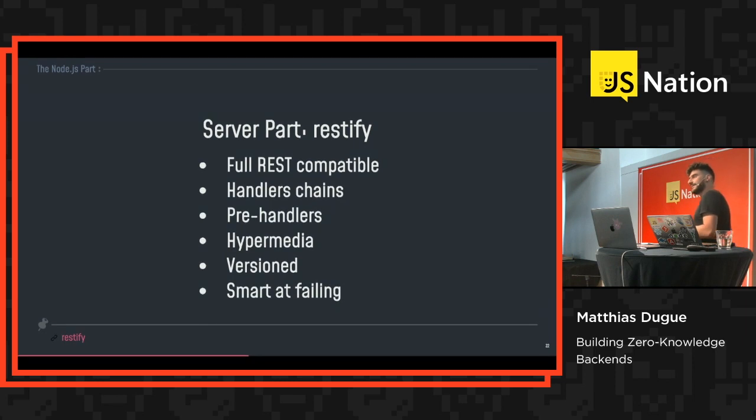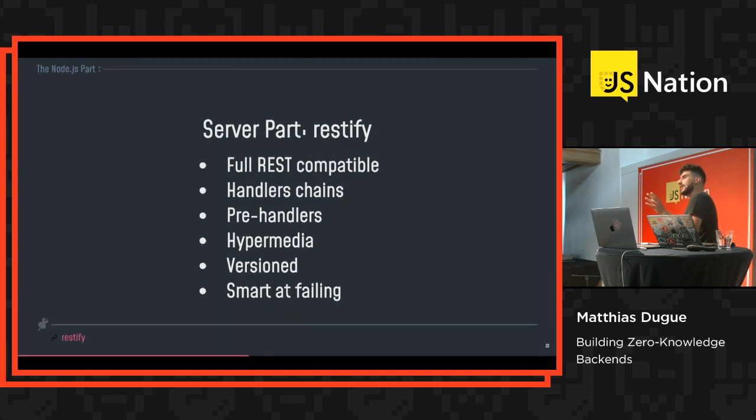So for the server part, I rely on Restify, which is a framework that allows you to develop some REST API backends. It is dedicated to that, and it does it very well. It has handler chains, pre-handlers, hypermedia, which is really useful when you want to link some blobs to a user and so on.